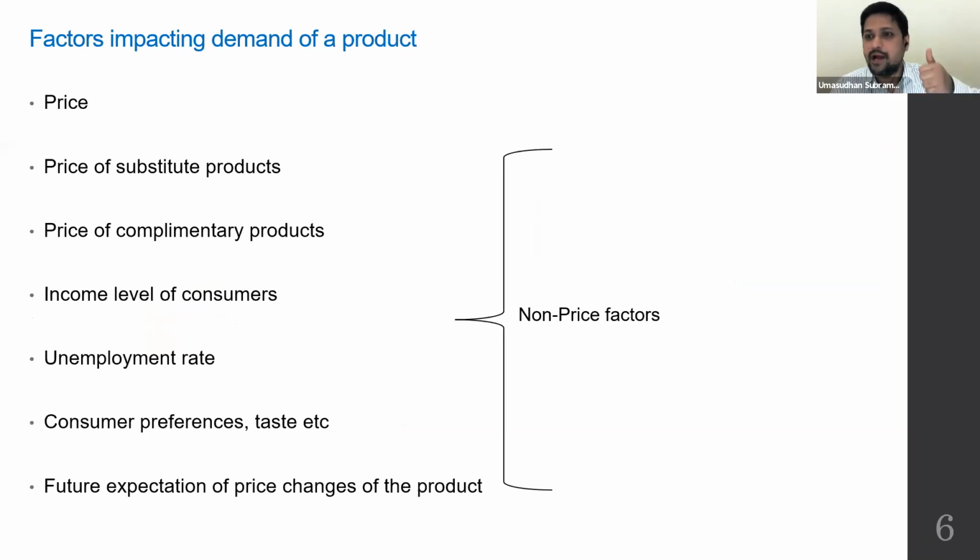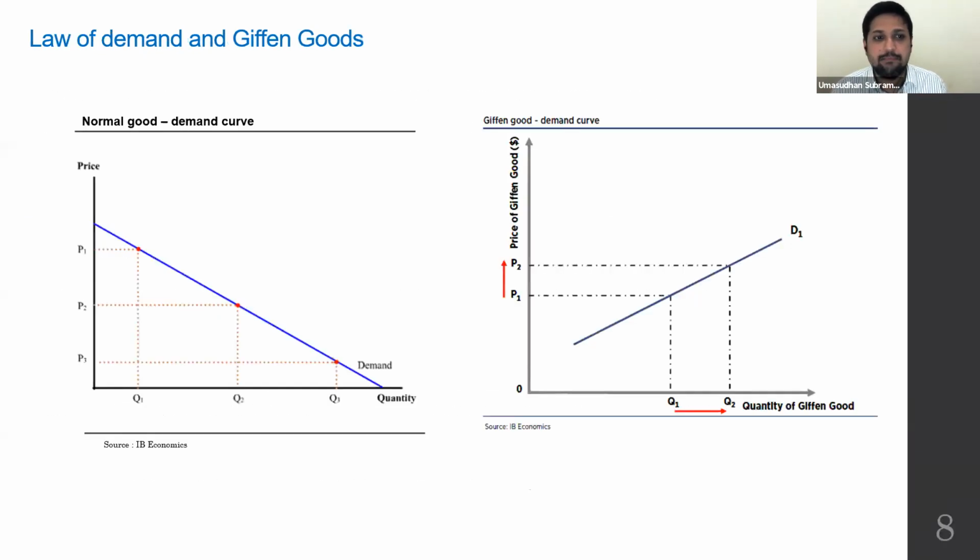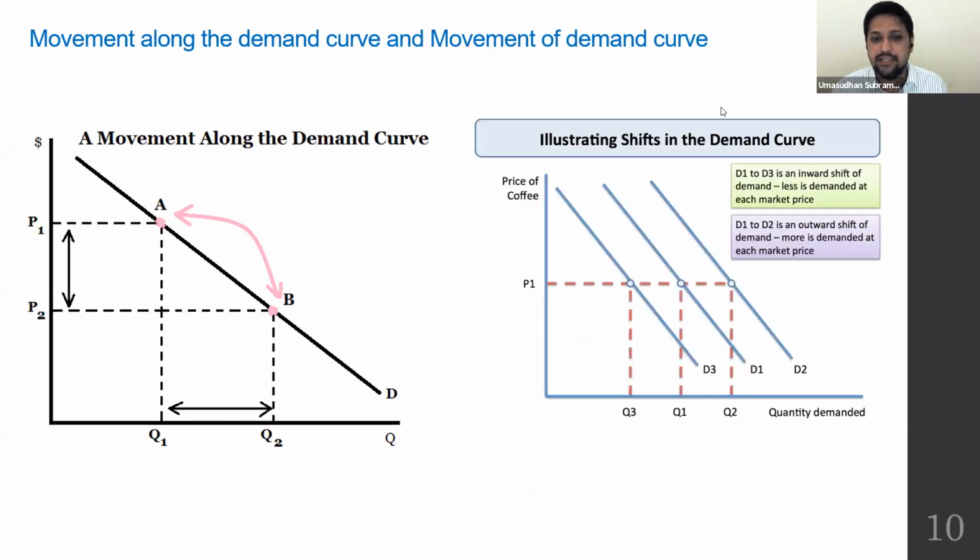We said price, and then all the other factors we said non-price factors. If you look at this graph, the first chart, this we said is movement along the demand curve, which means the demand curve does not shift to the right or to the left. It stays as it is. But you see movement along the demand curve.